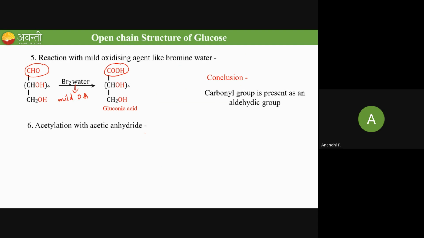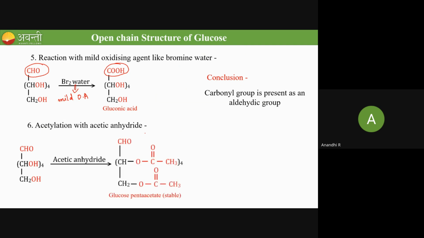The next reaction is acetylation with acetic anhydride, or acylation with acetic anhydride. Both are the same. So we are taking the glucose and treating it with acetic anhydride. What is the formula for acetic anhydride? The formula for acetic anhydride is CH3C(=O)OC(=O)CH3, right? Our glucose molecule is treated with this.